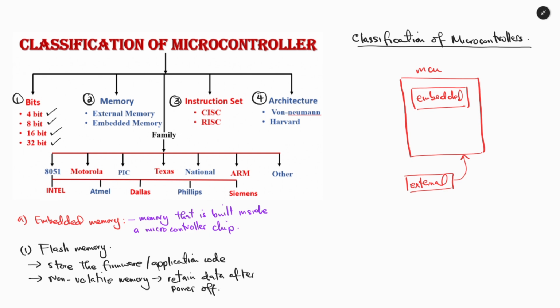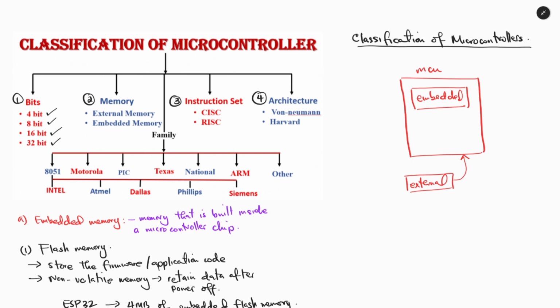One example is the ESP32 microcontroller, which has up to 4 megabytes of this embedded flash memory.